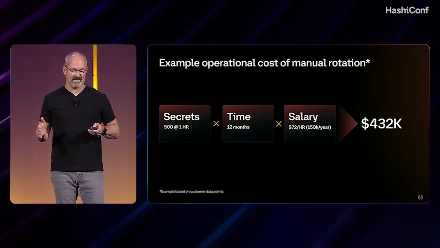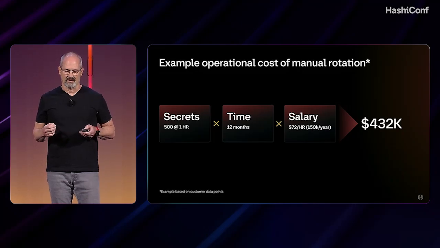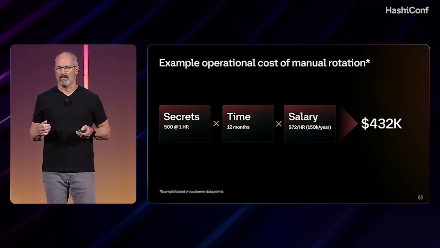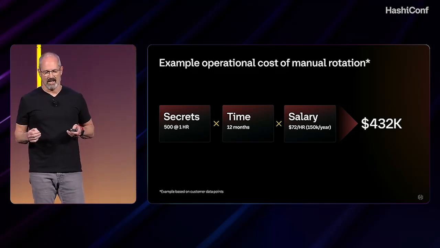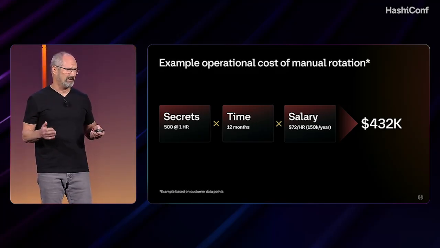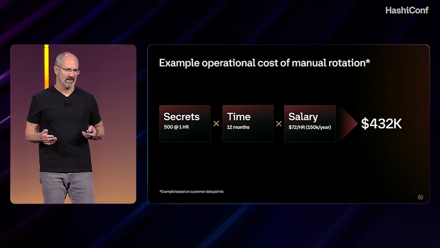These are some data points, and it's a really simple equation here, but they came from customers. Based on the fact they were trying to update their secrets once a month in one of their environments, and just taking a sample size of 500 secrets, and the average hourly rate of the person to manage those secrets, we end up with almost $500,000 a year to manage those 500 secrets.